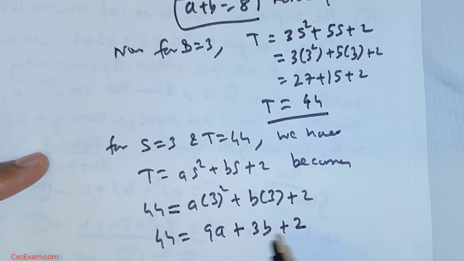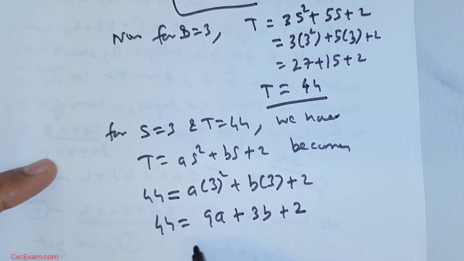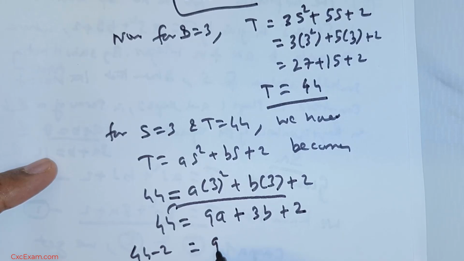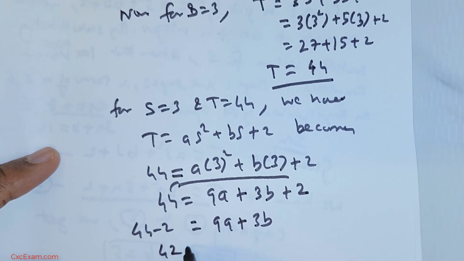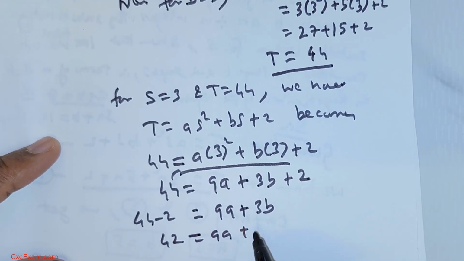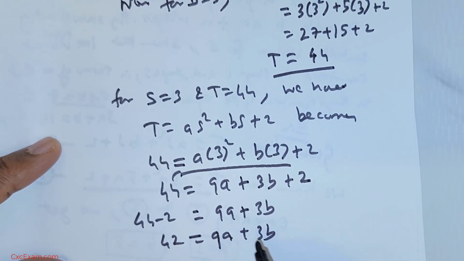Okay, so this is what we have. Now you take this 2 to the other end, so it's 44 negative 2 is equal to 9a positive 3b. This becomes 42 is equal to 9a positive 3b.